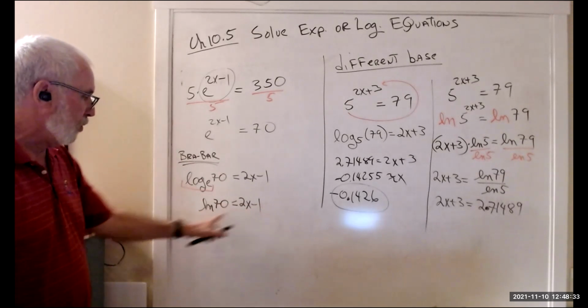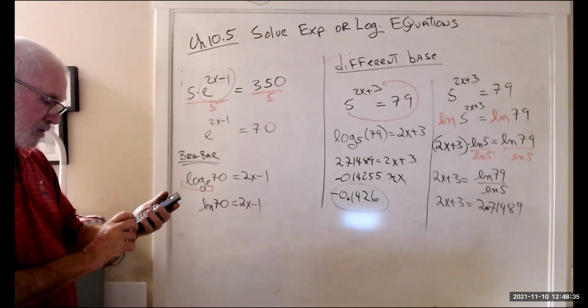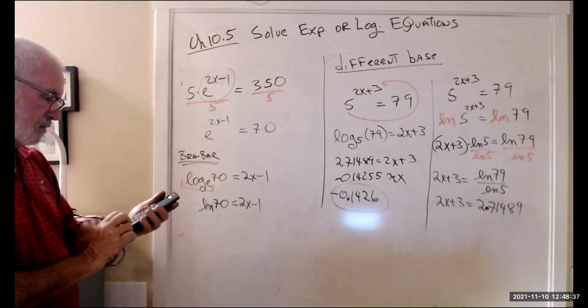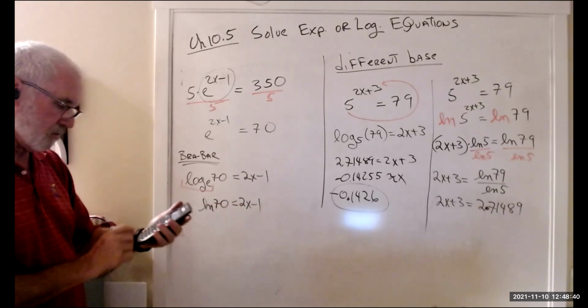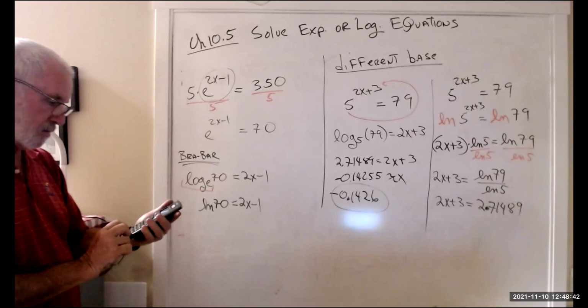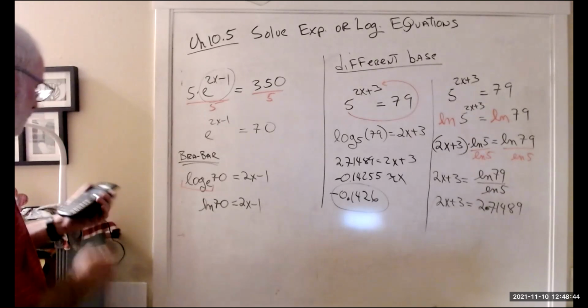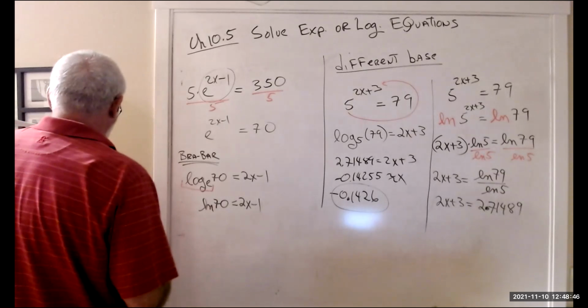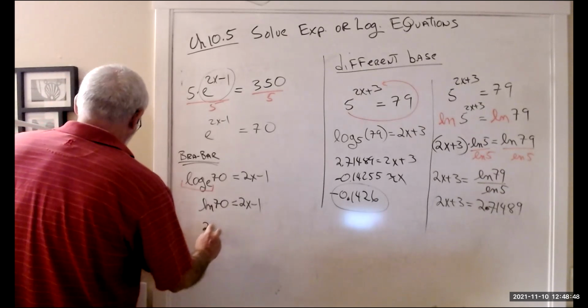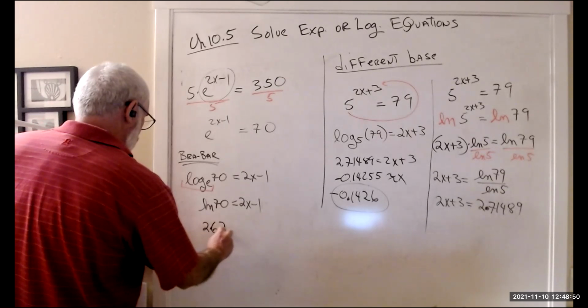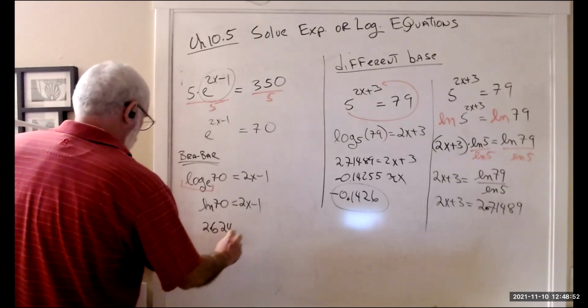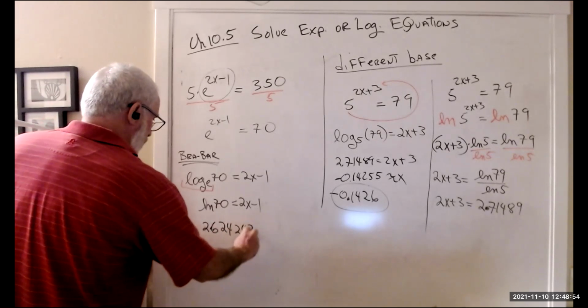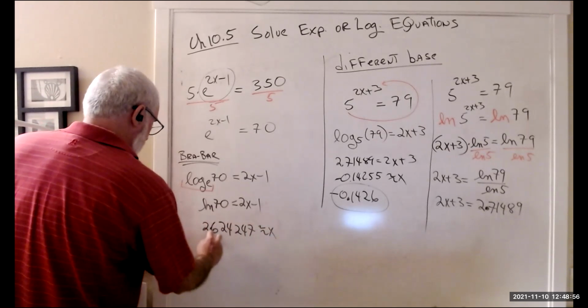I'm going to add 1 to both sides. Then I'm going to divide by 2. And I'm going to get 2.624247 is approximately x.